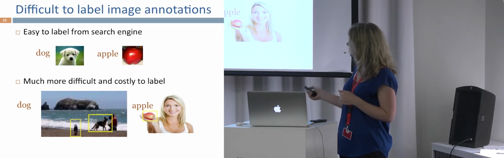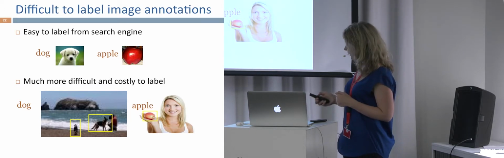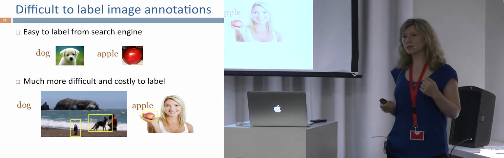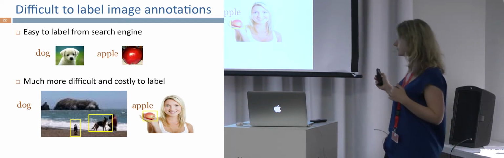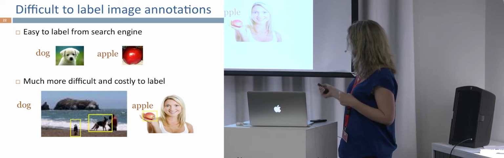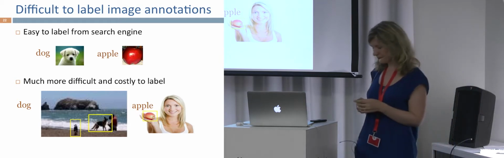Whereas these kinds of labels, which are essential for detection, have been done for only about 3,000 categories. It turns out that this is quite difficult to do. It requires a lot of manual annotation.